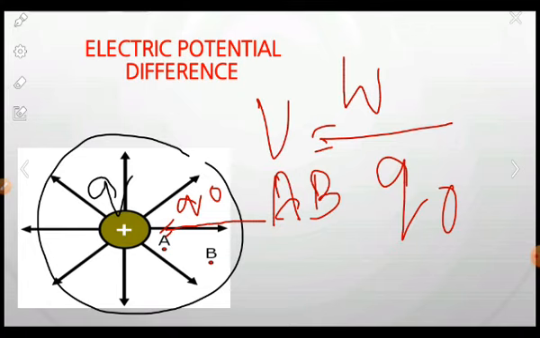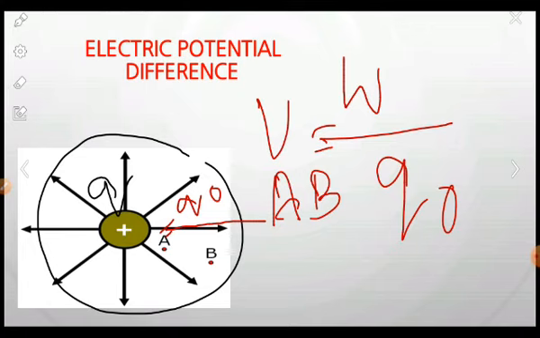and both potential and potential difference are the amounts of work. But we should remember one thing, that either the potential or the potential difference, the amount of work done is against the direction of the field.